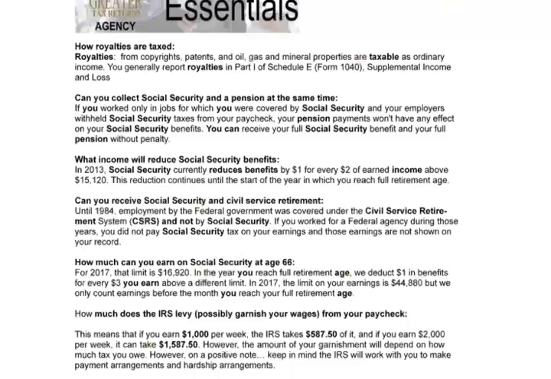Can you collect Social Security and pension at the same time? Yes, you can. Just to answer that without going into reading much. What income will reduce your Social Security? If you make over $15,000, I'd say round it off, about $1,000 a year, not a month, a year. Woo, that would be good.